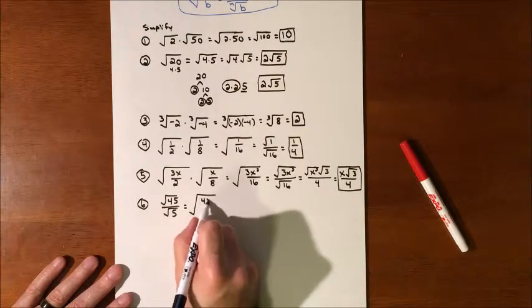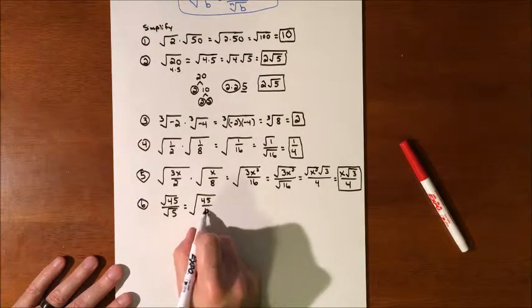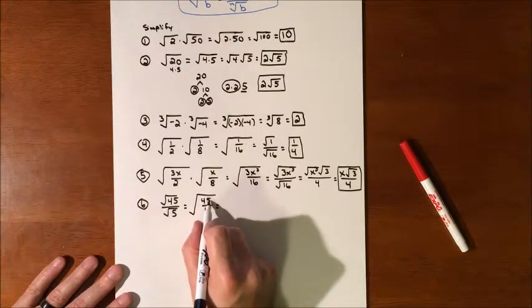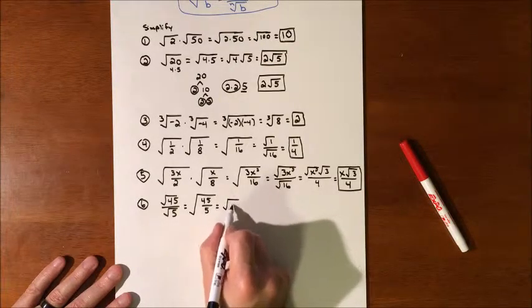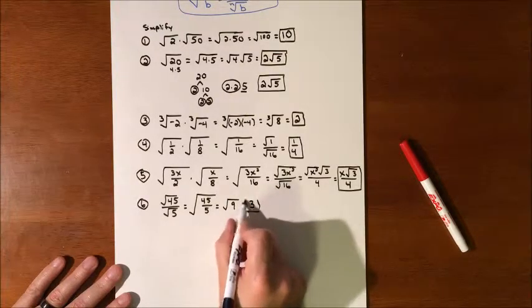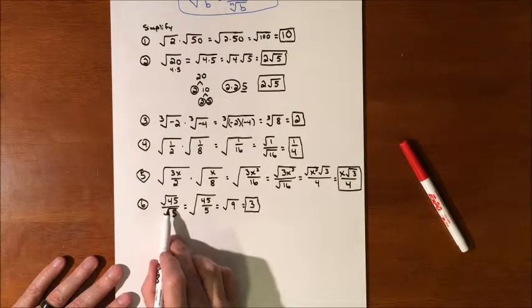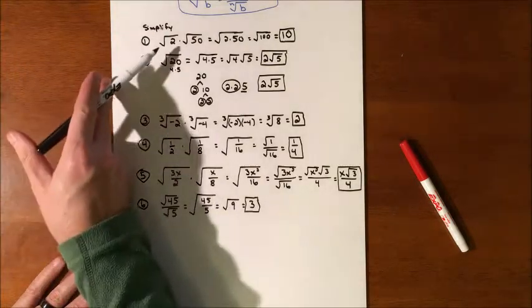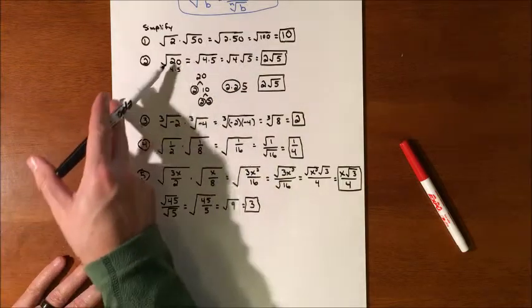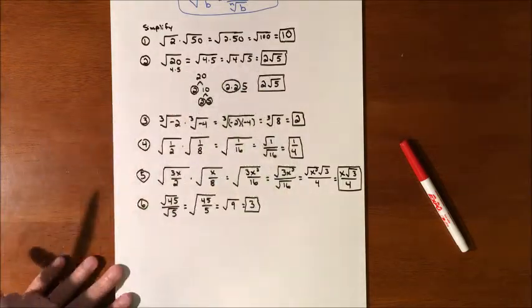So that'll be 45/5, which we can reduce, and 45 divided by 5 is actually just 9, and we can square root that very nicely. So like I said, sometimes you just want to multiply the pieces together, and they may create a very nice value. Sometimes we're going to want to break them apart so we can pull out perfect squares.